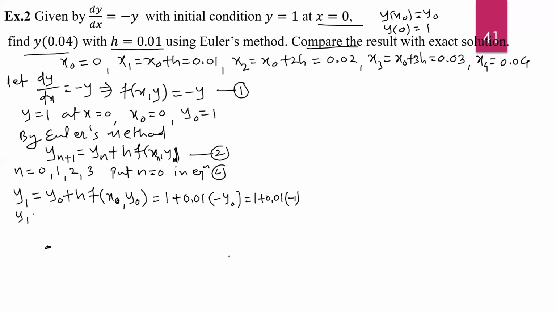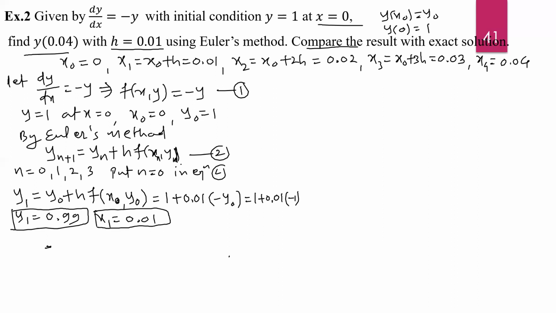So y1 is equal to, now simplify this, 1 minus 0.01, that is 0.99. Okay, so this is the y1 at x1. So x1 is 0.01. This data is useful for the second iteration.